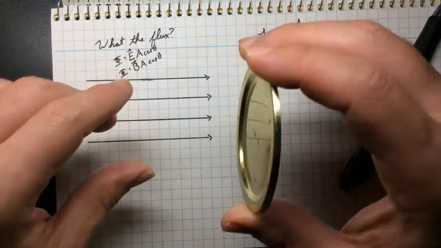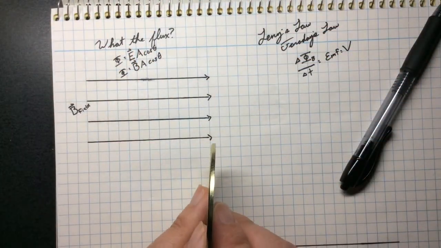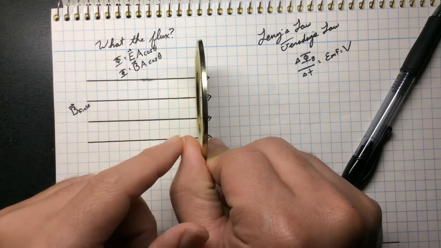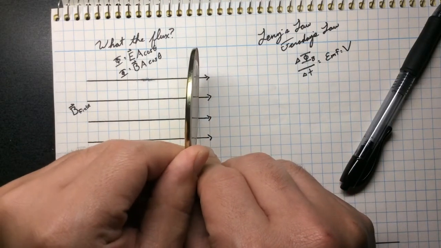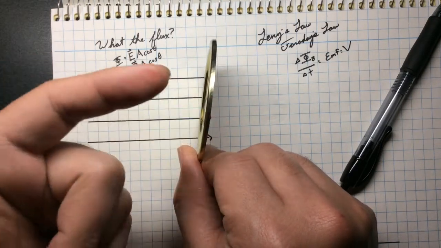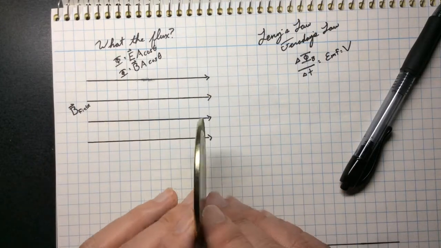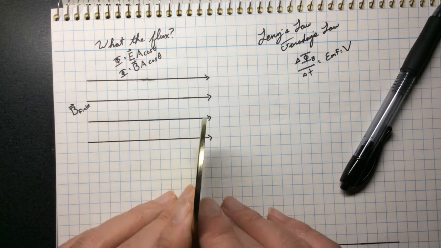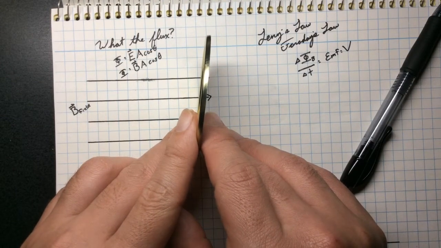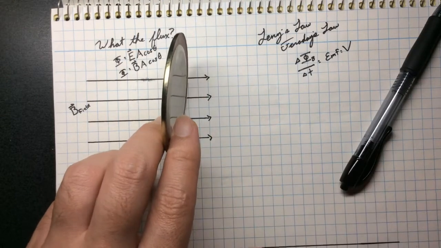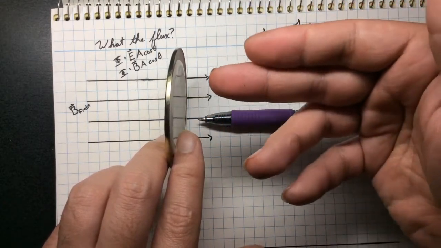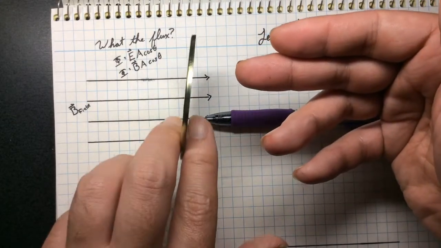So let's, again, imagine this had no flux. Now it has a bunch of flux in the rightwards direction. And Lenz's law would state that if we introduced all this magnetic field or flux in that direction, the original flux was nothing, and we introduced all this flux to the right, so there's going to be a current set up to counter that flux, and that current is going to want to create magnetic field that goes to the left to try to get it back to the state that it was in.